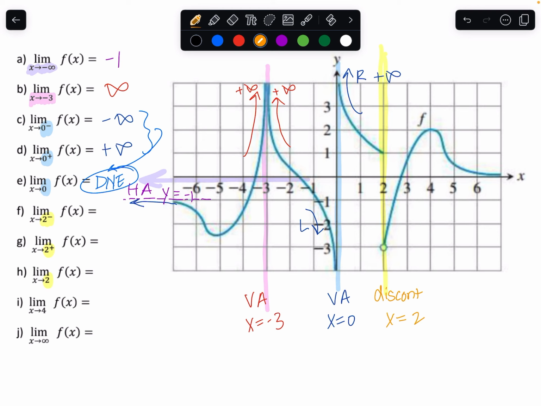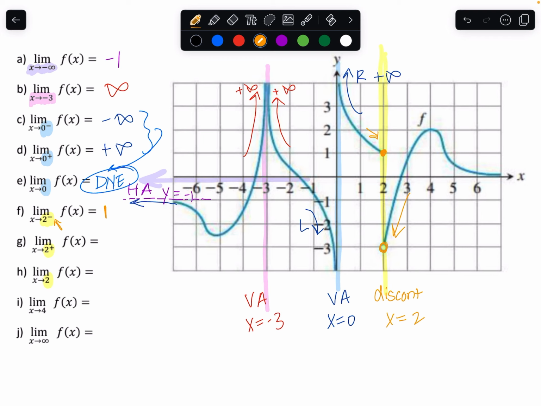So as we look at approaching 2 from the left and from the right, you notice that we're not approaching the same number value. From the left side, we're going towards this point here, and the point from the left is going to be y equals 1. Whereas from the right, the point we are approaching doesn't exist on the graph. It's an open hole, which means we can't touch it.